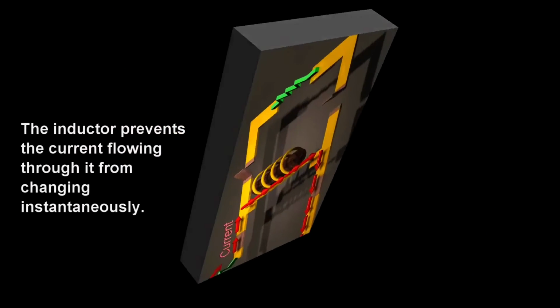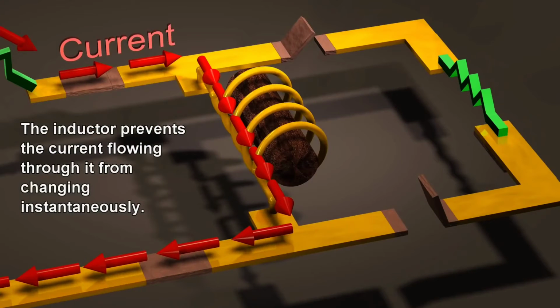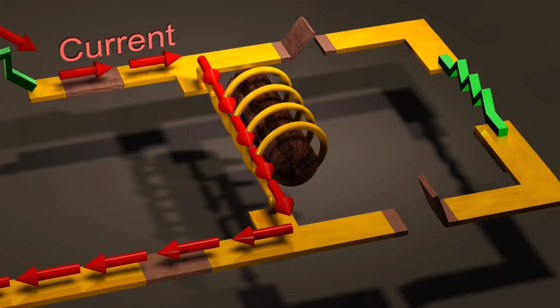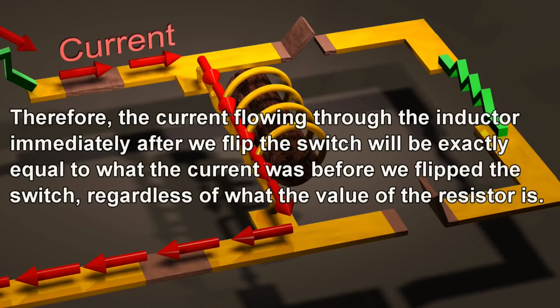The inductor prevents the current flowing through it from changing instantaneously. Therefore, the current flowing through the inductor immediately after we flip the switch will be exactly equal to what the current was before we flipped the switch, regardless of what the value of the resistor is.